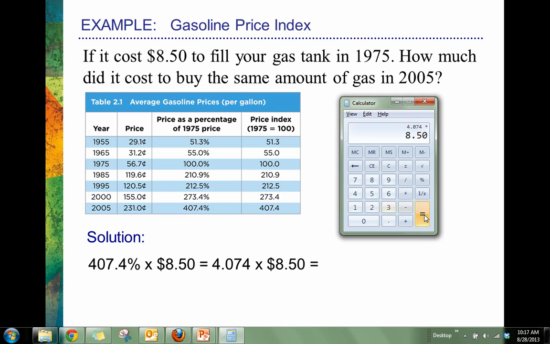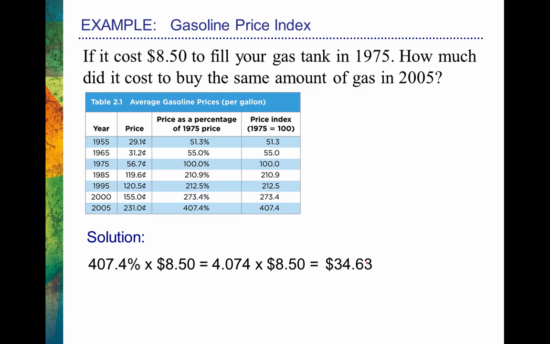So let's see what that equals. That equals $34 and about 63 cents. So we'll just fill in that answer. So we can see that if you wanted to fill up your gas tank in 2005, and we were trying to understand that in terms of 1975 dollars, we'd be paying $34.63.